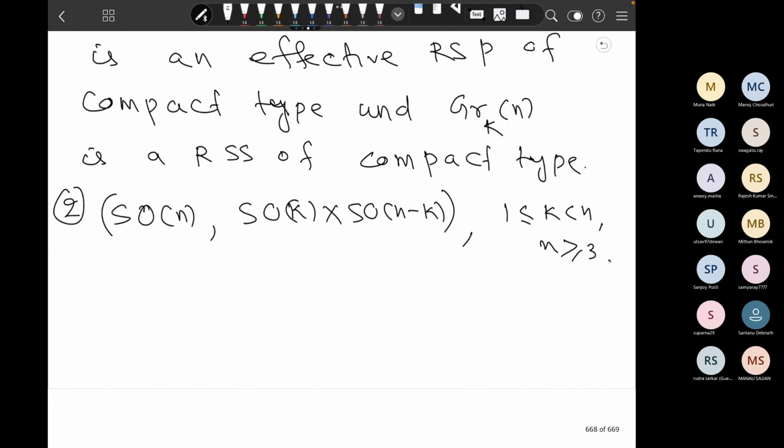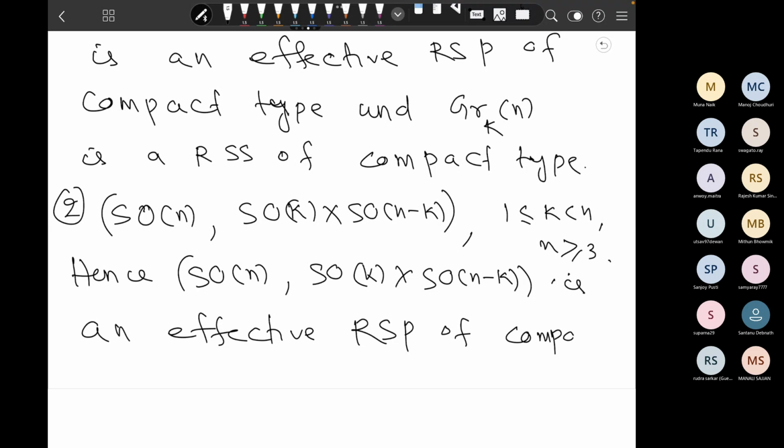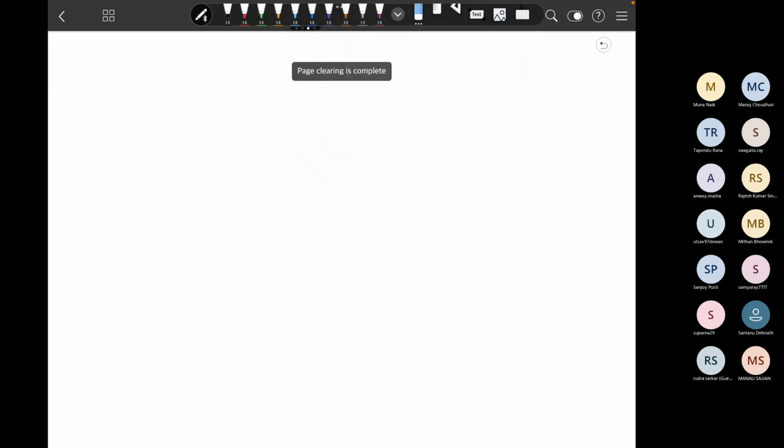So this center of SO(N) is finite, hence this SO(N) over SO(K) × SO(N−K) is an effective RSP, a Riemannian symmetric pair of compact type, and the RSS here actually, what is the RSS?